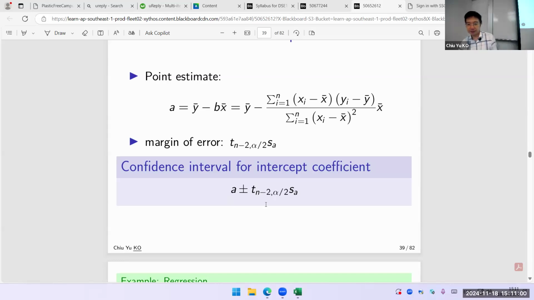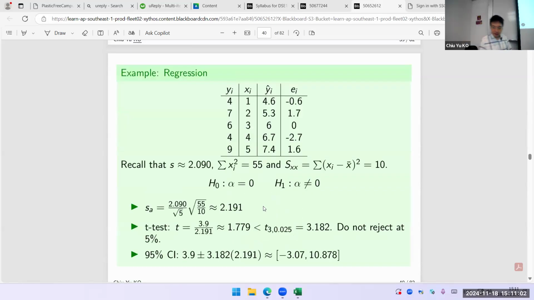And here is the example. What we do is calculate the S, and you plug in the SA formula there. This is the S, this is N, 55, and 10 is this guy, so we can calculate this.